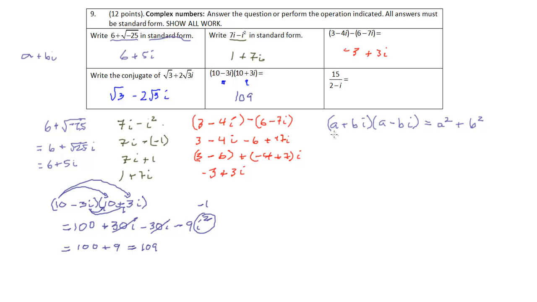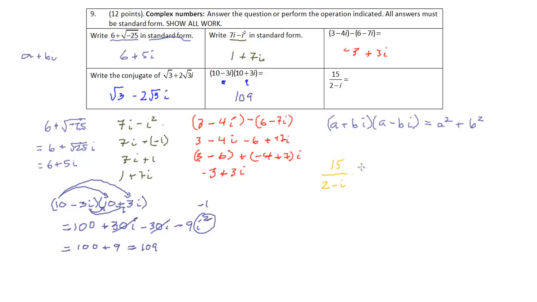So the last problem looks like this. 15 divided by 2 minus i.